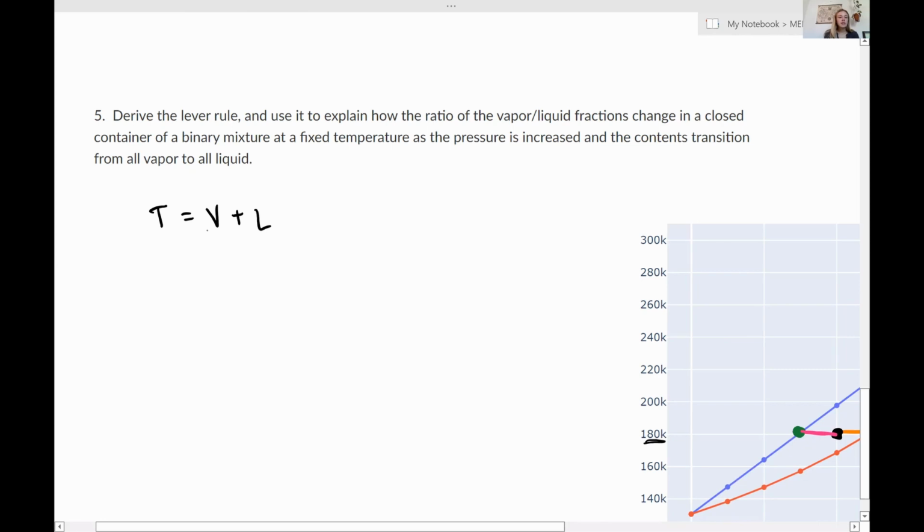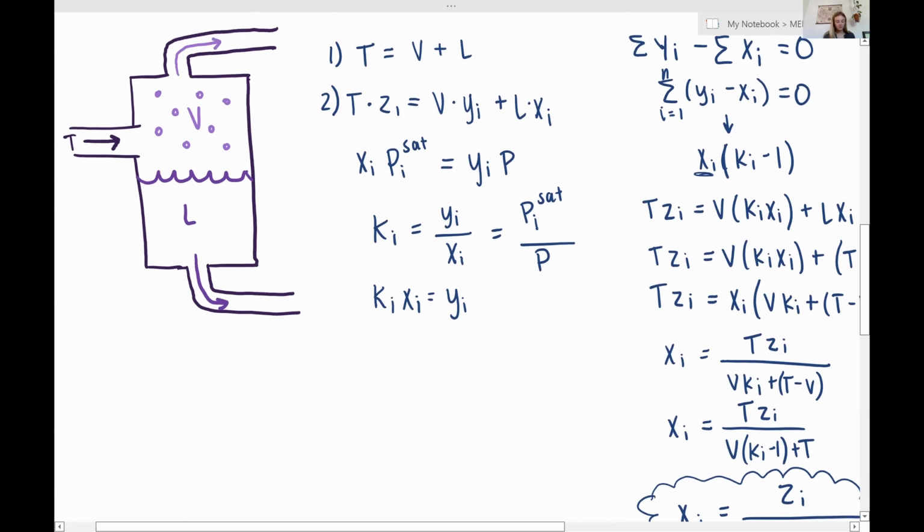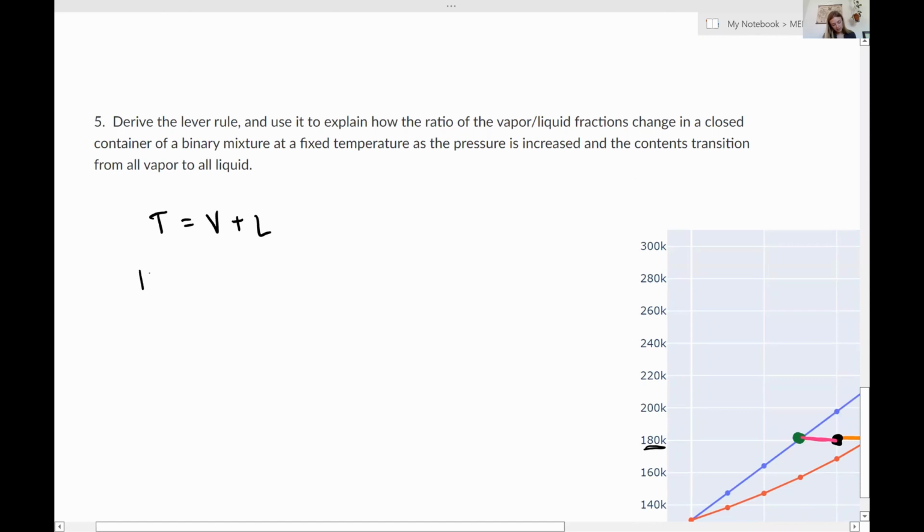And what we want to do is make another mass balance equation. So using this information, we can do the same thing we did up above, where we have our same equation, just multiplying by our mole fraction components. So we'll have T times Zi, where Zi is our mole fraction of the component in the feed.